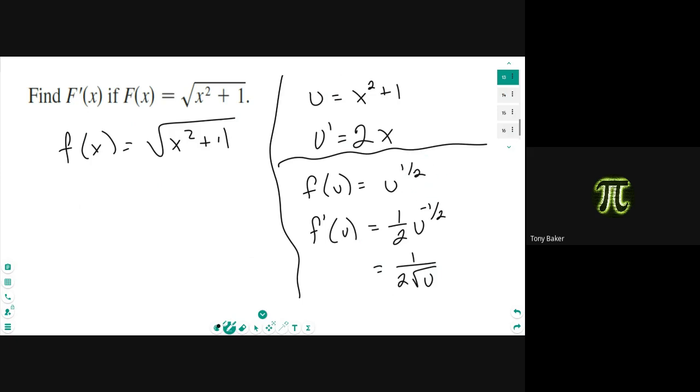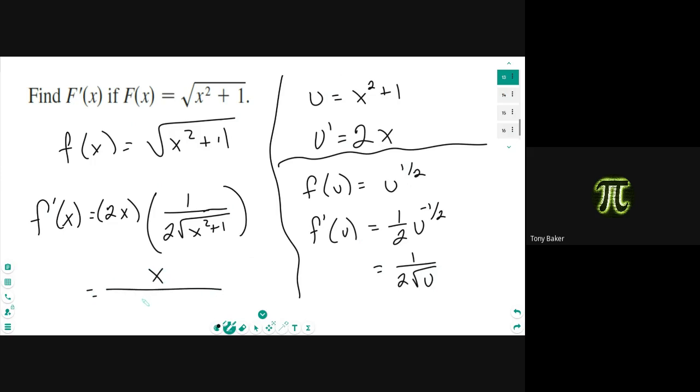Okay? Now we're going to take that and plug it all back into the problem so we actually get the original derivative. So the derivative is u prime, so 2x, times that. So I have times 1 over 2 square root of x squared plus 1. So I can rewrite this as x over the square root of x squared plus 1.